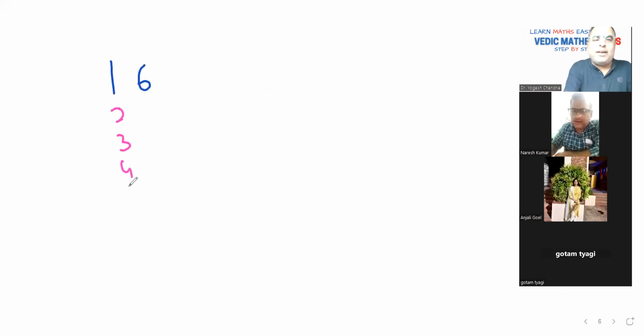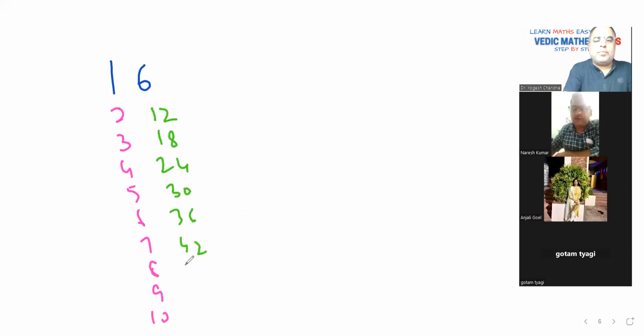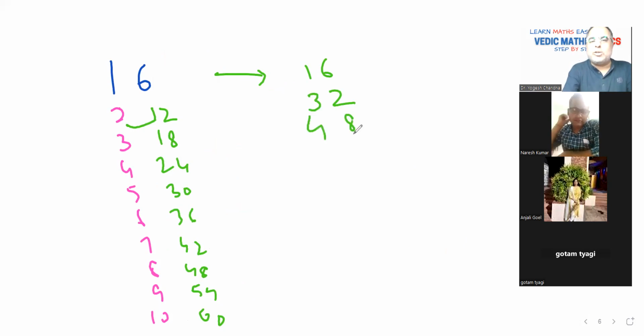Writing a table of 1, very easy. Writing a table of 6: as it is, 2 here, 1 goes here, 32. 8 here, 1 goes further. 4 here, 6. 0 here.